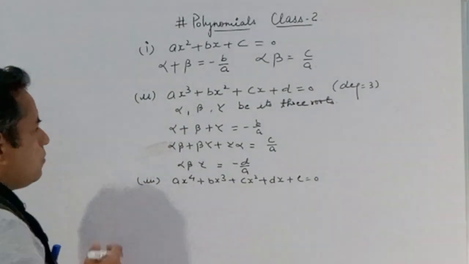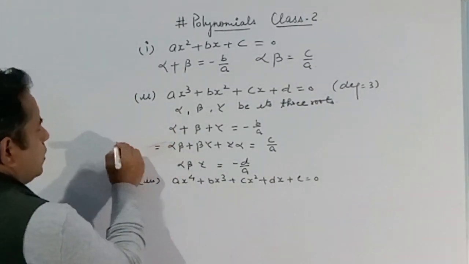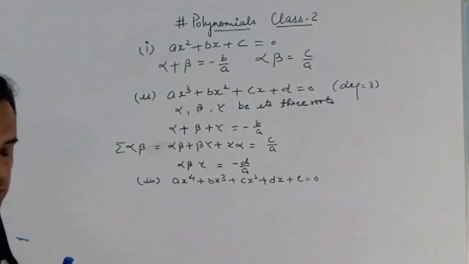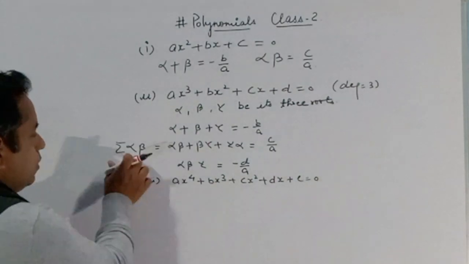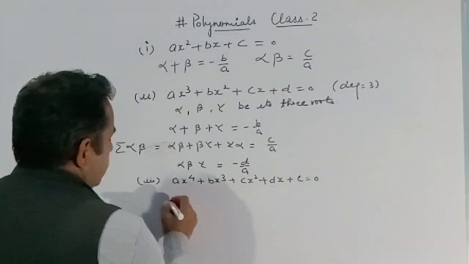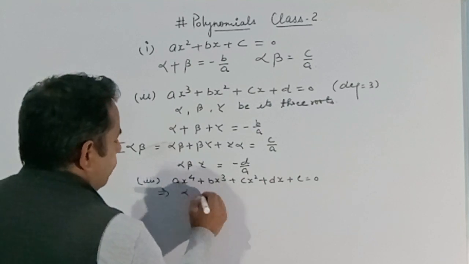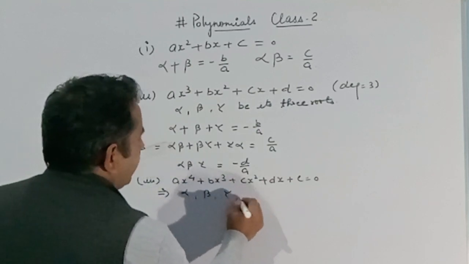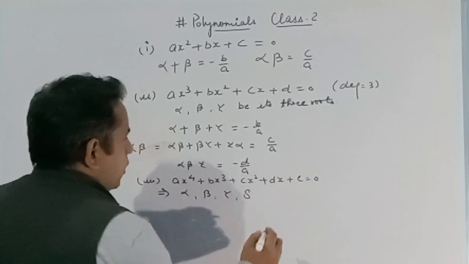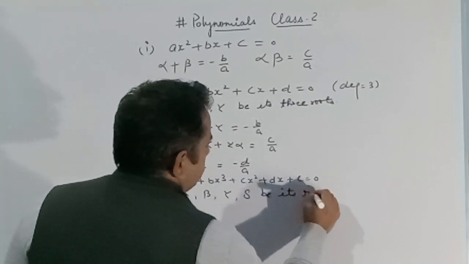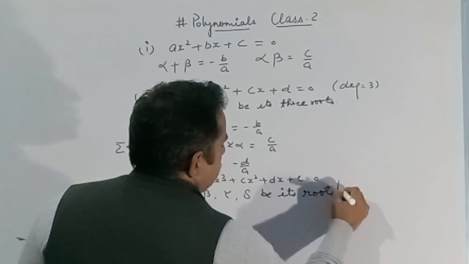Now I will write in the summation form. So see, it will have how many roots? 4. Alpha, beta, gamma, and the next one is delta, be its roots, or you can say zeros.